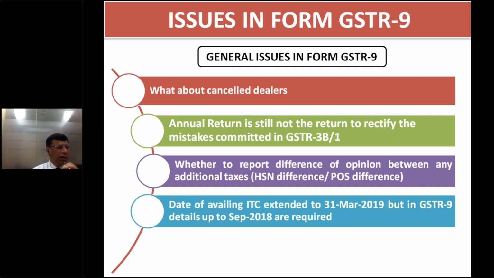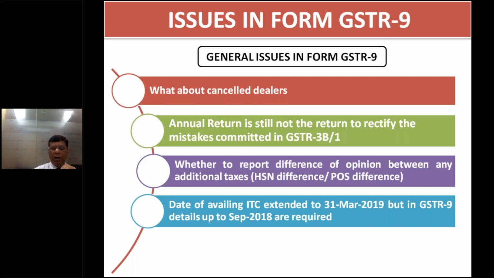Another issue is the date of availing ITC, extended to 31st March 2019, but in GSTR 9 details up to September 2018 are required.